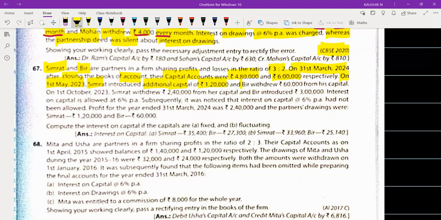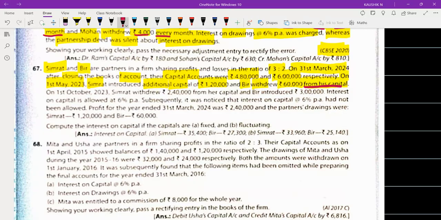And Bir, the other partner, withdrew rupees 60,000 from his capital. Now, how will you declare this? What is the term given for this?